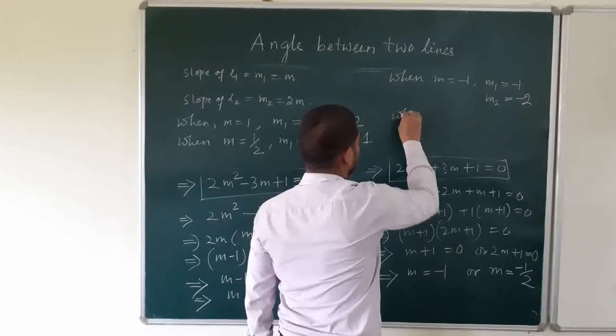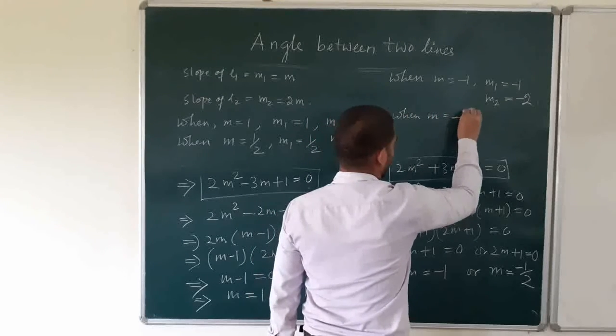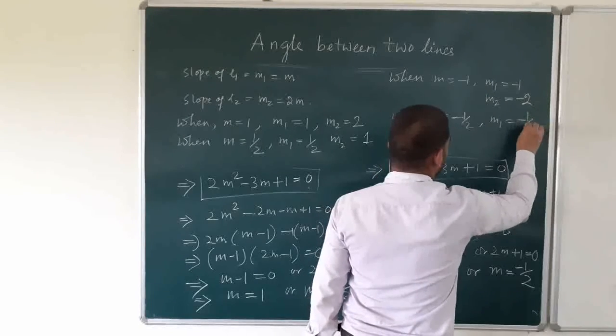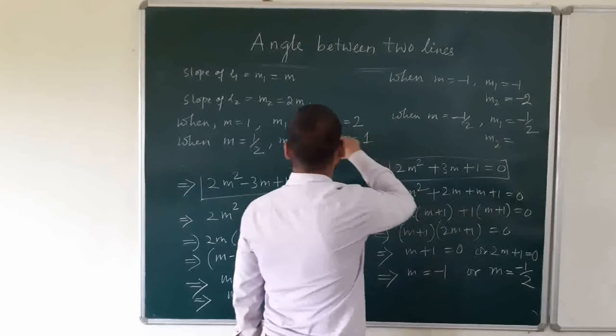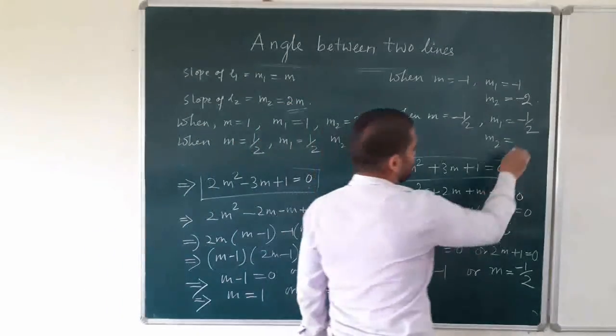When M is equal to minus 1, then M1 is equal to minus 1 and M2 is equal to minus 2. When M is equal to minus 1 by 2, then M1 is equal to minus 1 by 2 and M2 is equal to, you multiply by 2, then you get minus 1.